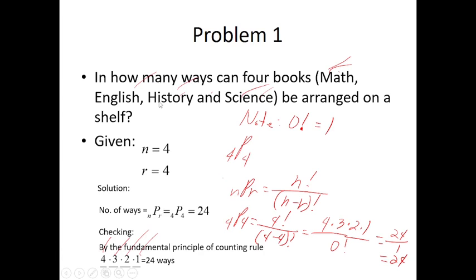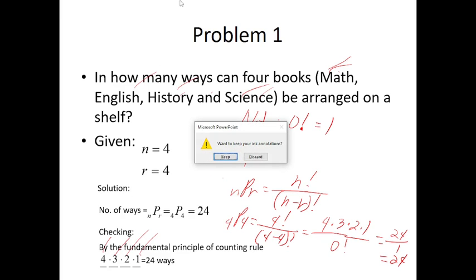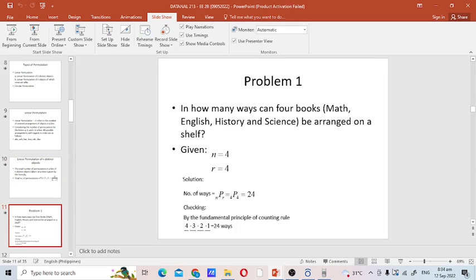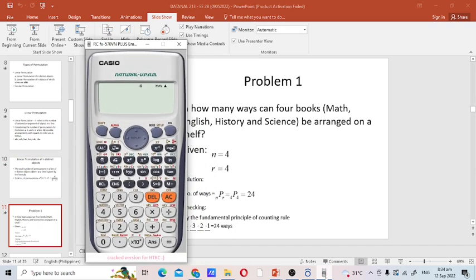Pero, there is a shortcut sa calculator for your information. We can also use our calculator directly to solve the problem. Shift, ito NPR, nakikita niyo ba? Shift 4P4. Yan. 24. Okay?